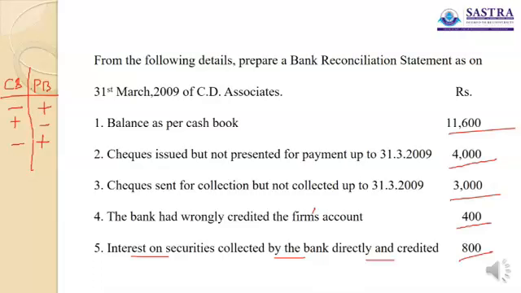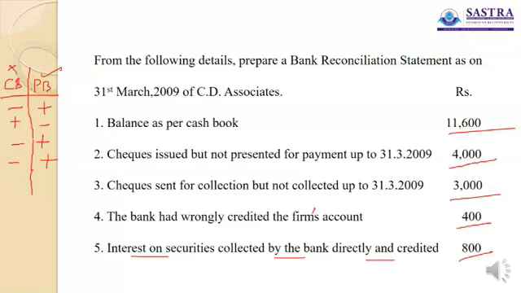So such income received and credited directly by the bank increases the passbook balance, whereas the same has not yet been brought to the notice of the trader for entry into the cash book bank column, which keeps the bank column of the cash book lesser. So which book do you need? The passbook. Take the passbook symbols and skip the cash book symbols.